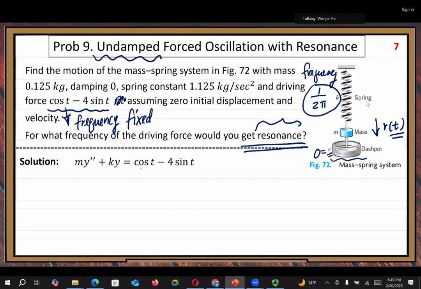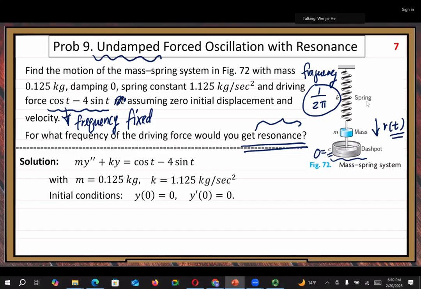Let us solve this equation. m is given, k is given, so let's plug in. The initial conditions are also given, so the ODE is like that. The next question: how do we solve this equation? Here we do not use the Laplace transform.